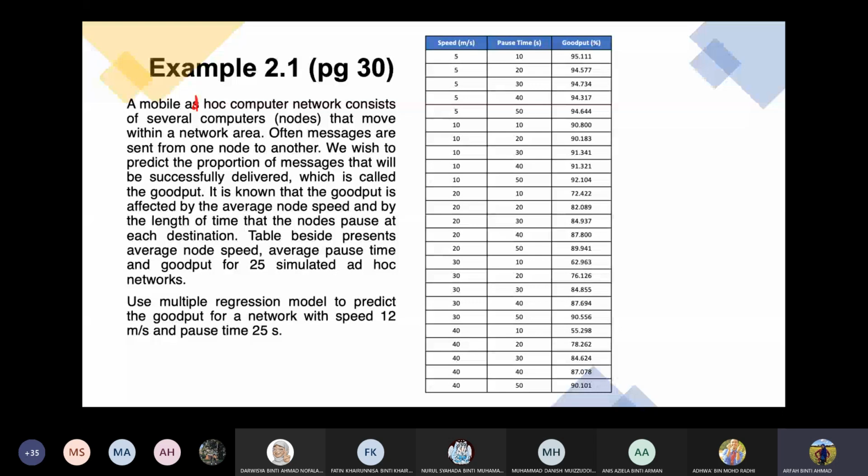Apa soalan ini berkaitan? Okay, dia kata dia ada satu mobile, dia tengok computer network sebenarnya dia bergantung kepada beberapa nodes. Okay, untuk tengok berapa kuat satu network tu. Macam mana kalau satu message di send from satu node kepada satu node.